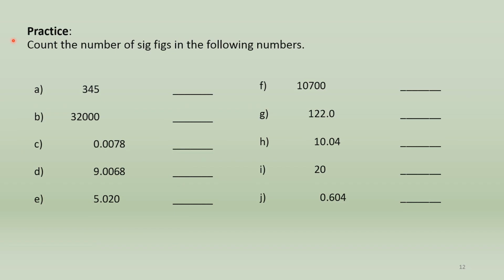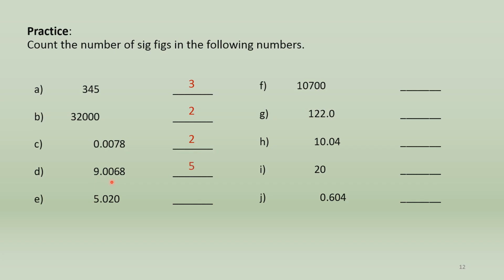Okay, let's get some practice. How many sig figs do you count in each of these numbers? 345 has no zeros. They're all non-zero digits, so they're all significant, 3 sig figs. 32,000 has no decimal, so trailing zeros are not significant, only 2 sig figs in that number. 0.0078, zeros to the left are never significant, so only 2 sig figs. 9.0068, confined zeros are always significant, so all of these digits count.